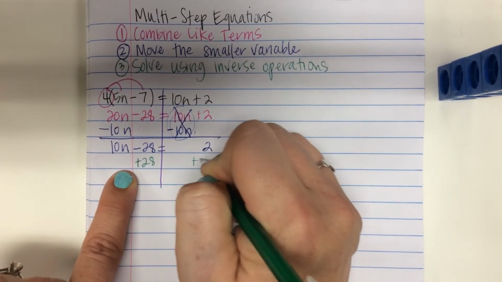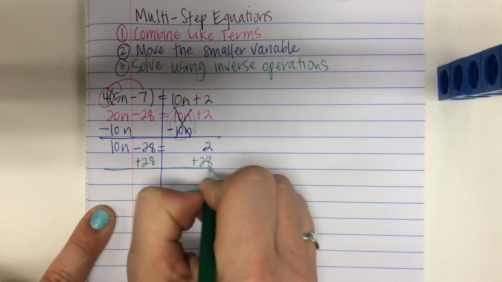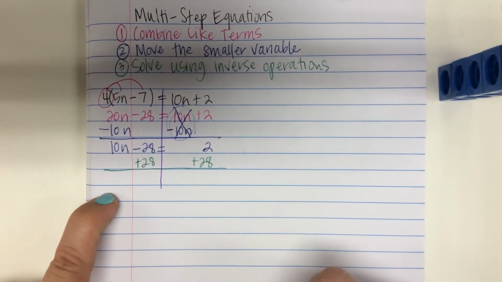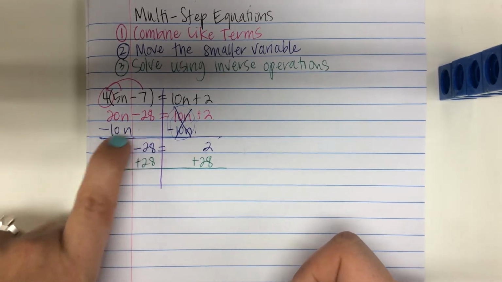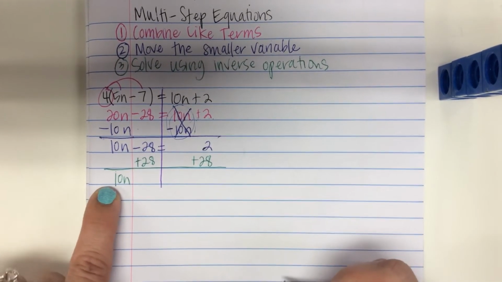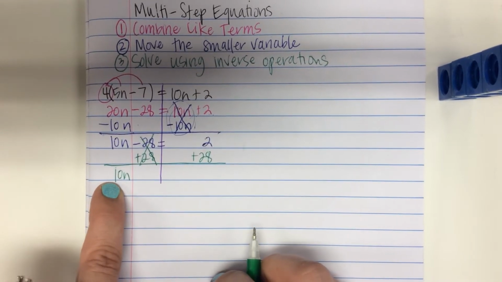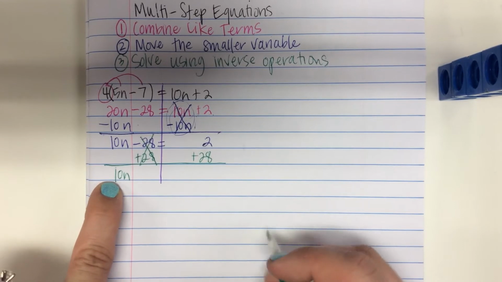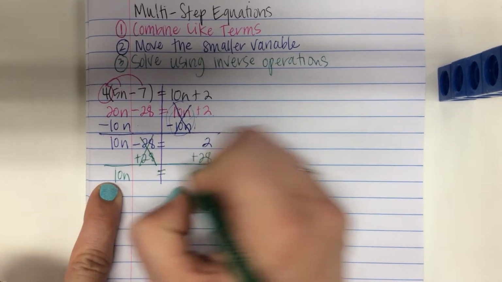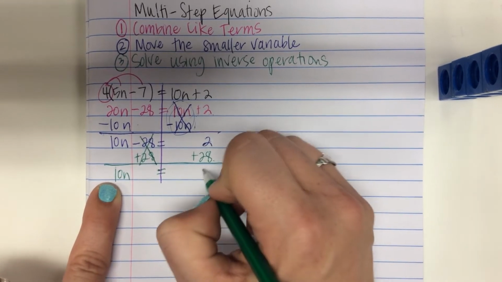Plus 28, positive 28. Simplify the left side. 10n, nothing happened, so I just bring it down. My 28s are inverses, so they disappear. Equals 2 plus 28 is 30.